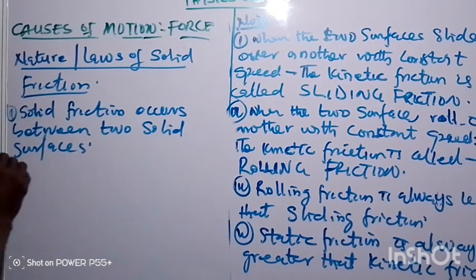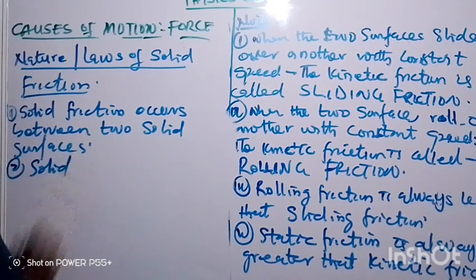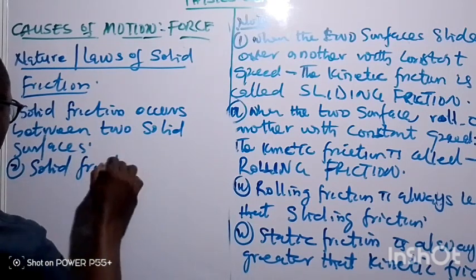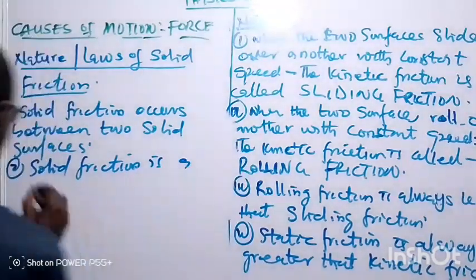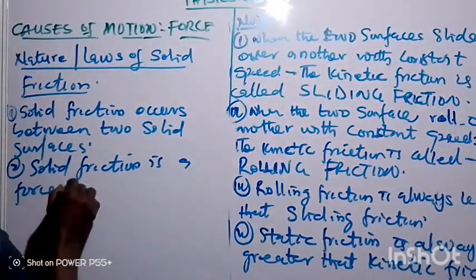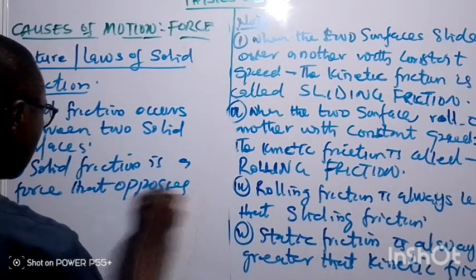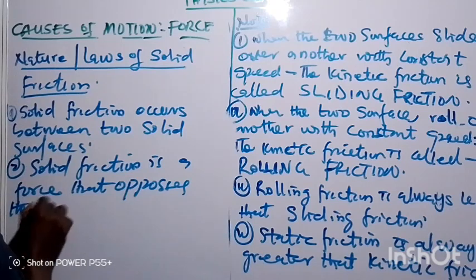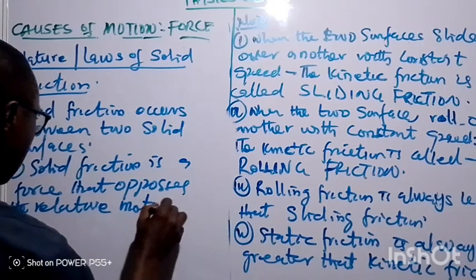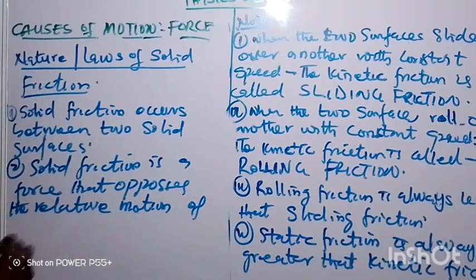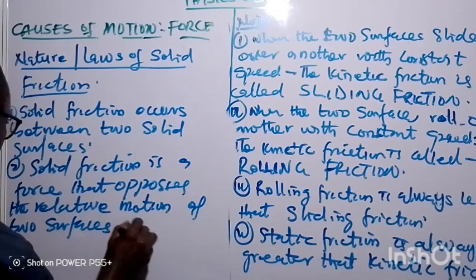Number 2, solid friction is a force that opposes the relative motion of two surfaces in contact.